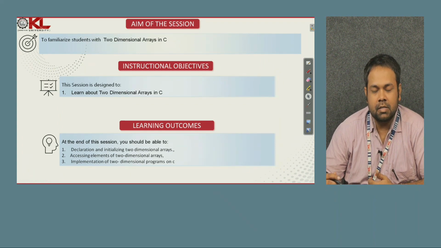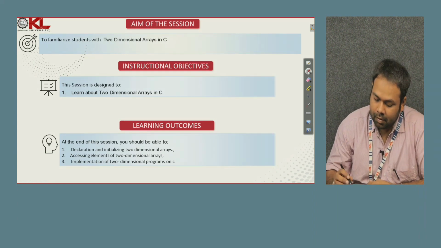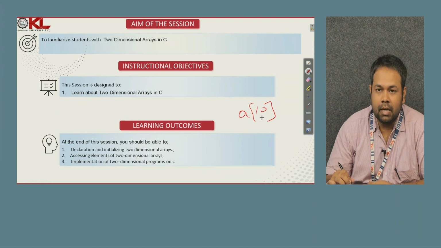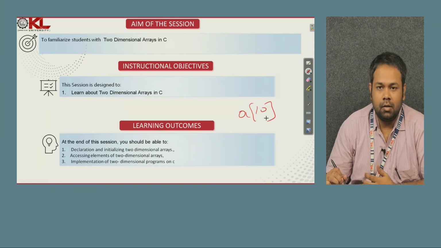Whenever we discuss a 1D array, let me take an example, we have an array like this, A of 10. The array size 10 you are giving only takes care of one dimension, either row or column.